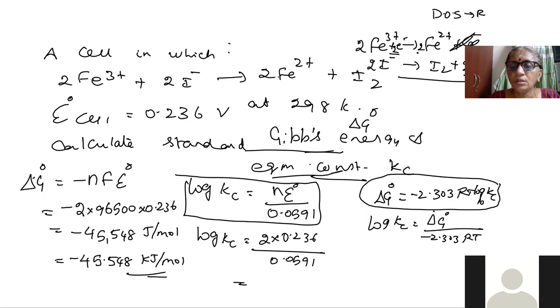Two into 0.236 divided by 0.0591 is 7.98. 7.986 is coming, so we'll take 7.99. If you take four digits, you will get the accurate answer. 7.98646 is coming.